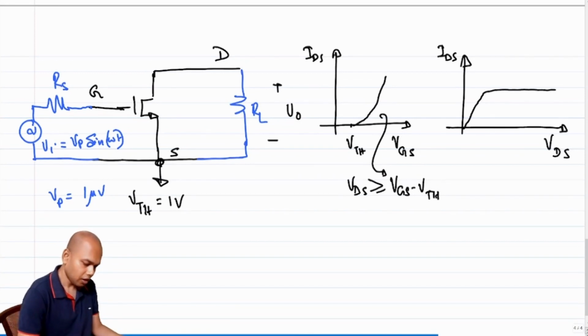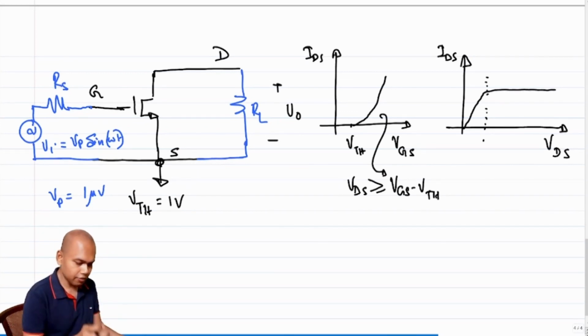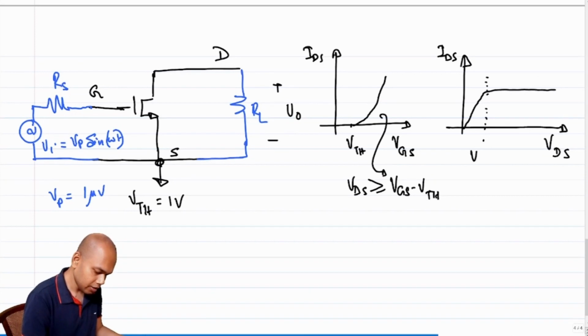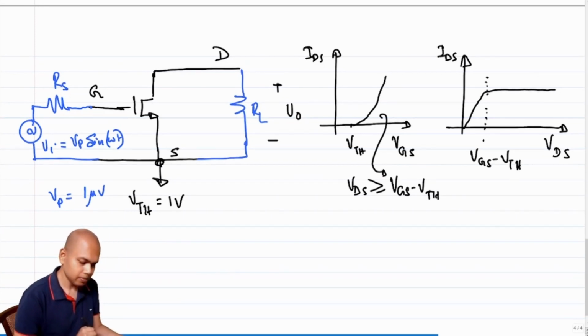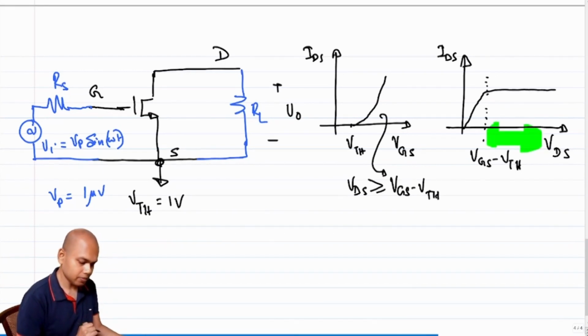Okay. And what is this turning point, this point where the curve goes from looking like a linear parabolic to a flat line? This is that location of VGS minus threshold voltage. So you'll have to operate on this side of the plot.